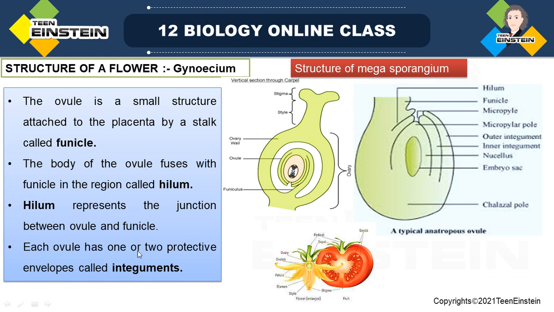Then each ovule has one or two protective envelopes called integuments. Here you can see the outer integument and the inner integument, two layers.